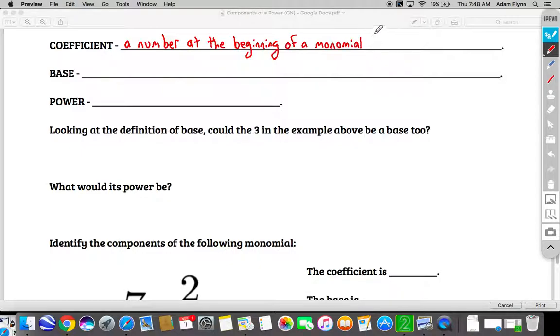And it's very important to note, it is being multiplied. Okay, so this coefficient scales this entire monomial.